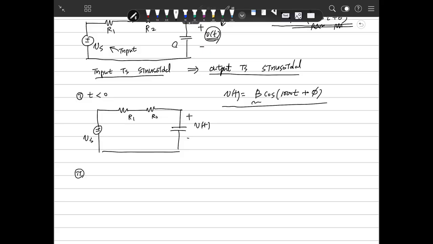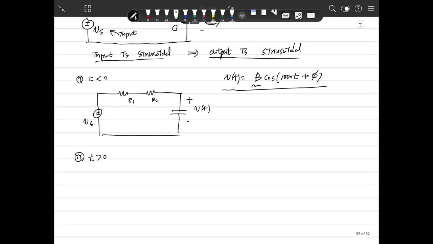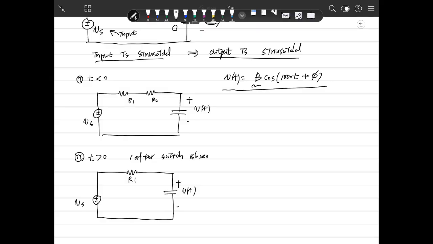Second, when t is larger than 0, because the switch is different, we will rewrite the circuit here. It's a little different. Now this is only R1, then this is Vt and Vs. This is the circuit after the switch is closed.